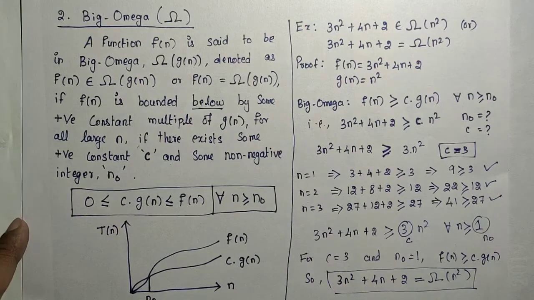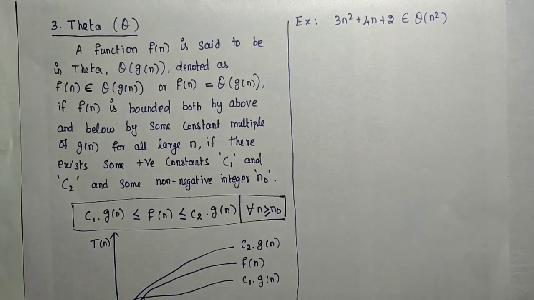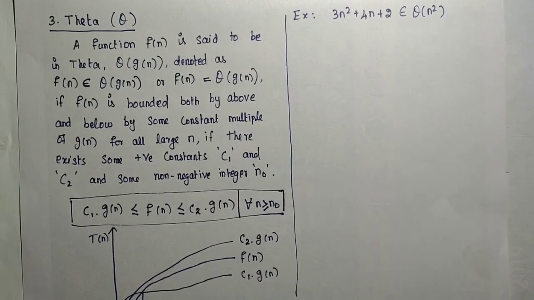Then the big theta notation is nothing but defining both the upper bound and the lower bound for the function, so we can say the function belongs to theta of something.